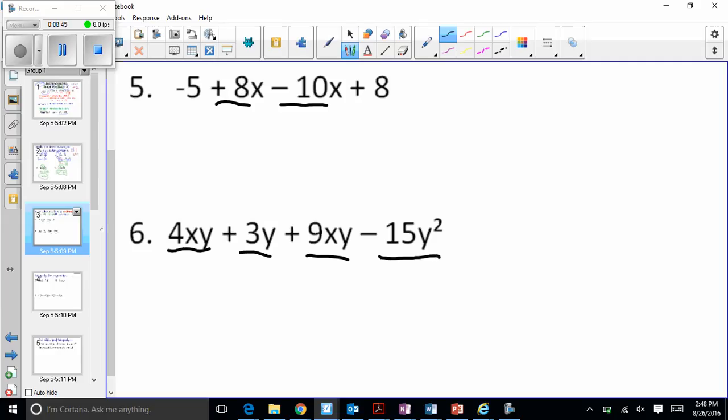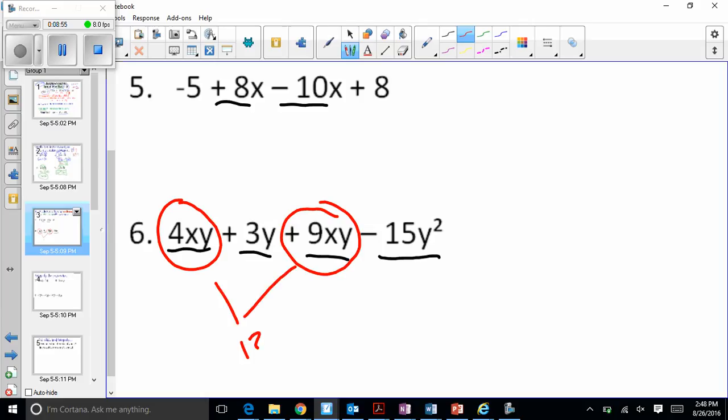What are my like terms? I definitely have 9xy and 4xy. Those are fine. I can combine those to make 13xy. But can I combine 3y and -15y squared? No. These are not like terms.